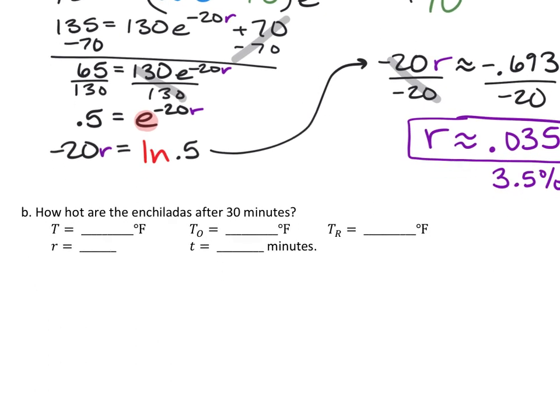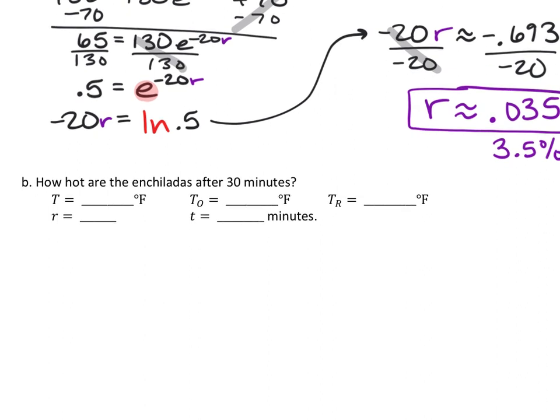So let's write down what we know. Do we know the final temperature after 30 minutes? No, we're trying to figure that out, so we're going to put the question mark there. What was the initial temperature of these enchiladas? 200 degrees Fahrenheit. My room temperature was still 70 degrees Fahrenheit.